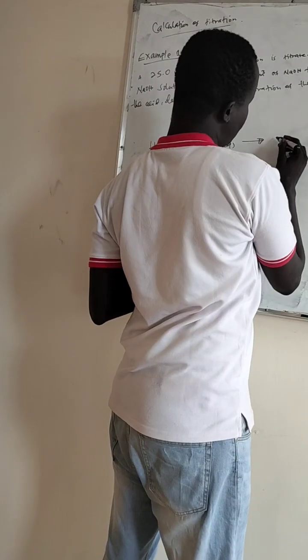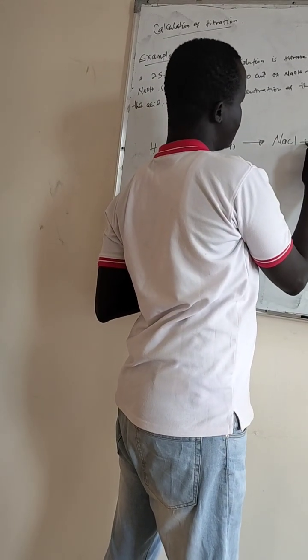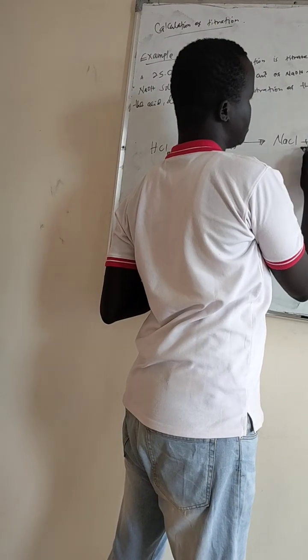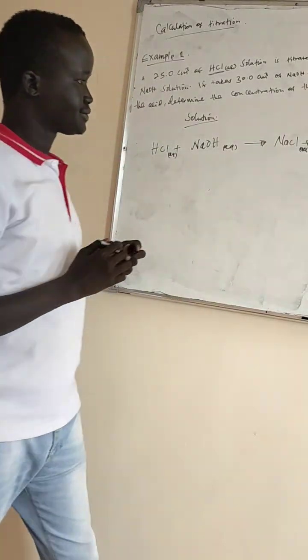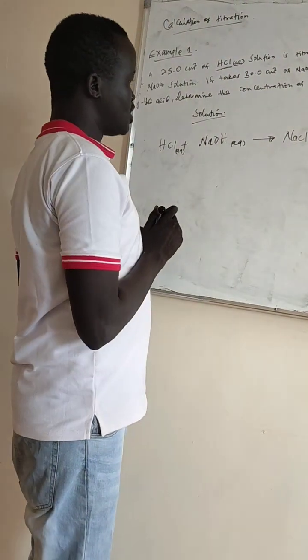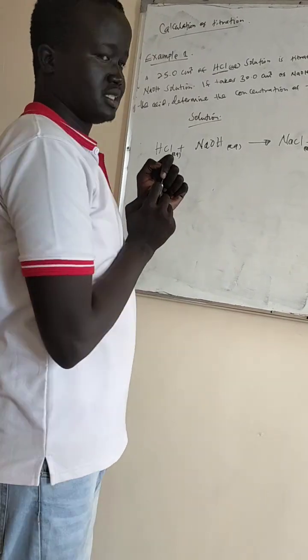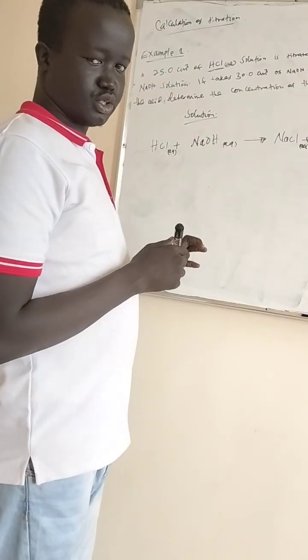Therefore, our salt will be sodium chloride plus water, H2O. Now, when we look at the equation, we find that the equation is already balanced. This is the first step of the solution.